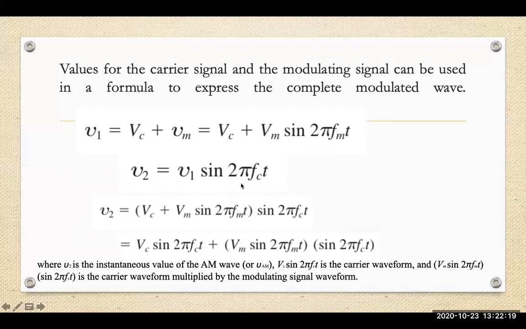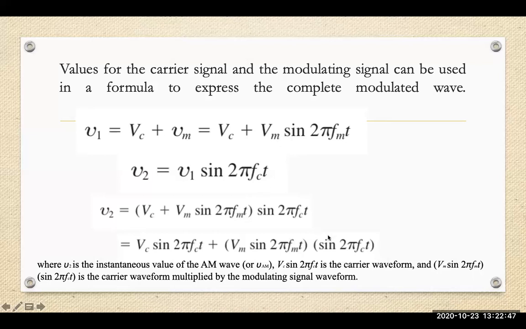Yan. And then yung V sub 2 naman natin, yung V sub 2 is the instantaneous value of the AM wave, which is equal to V sub 1 sine 2 pi f sub c t. Okay? Itong V sub c sine 2 pi, diba, if you remember, it's a carrier waveform.